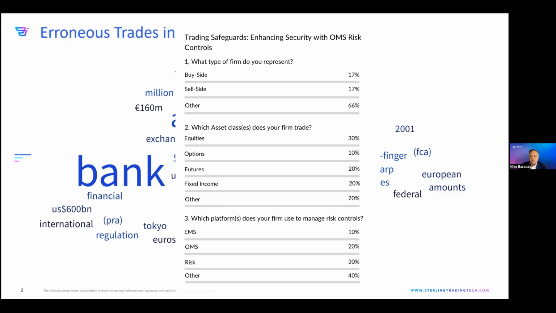Hopefully I'll make our view known that you should try to centralize your risk controls into the order management system, and there's a reason why it should be the OMS. But we are aware of the different setups that are out there, and where integration becomes an important discussion topic when firms are using our OMS.